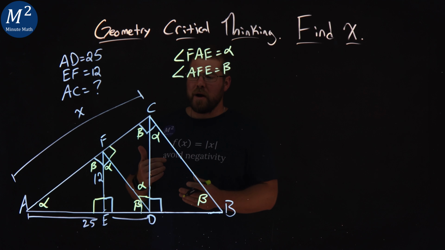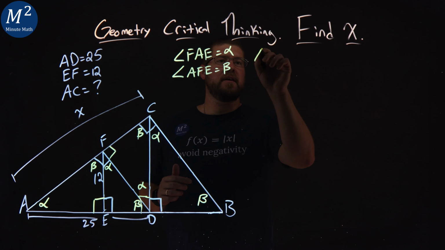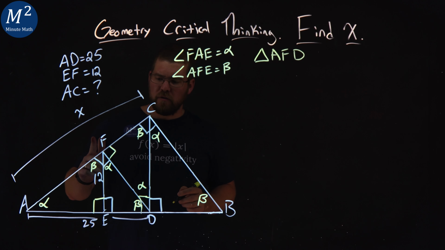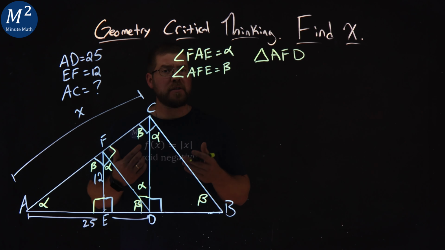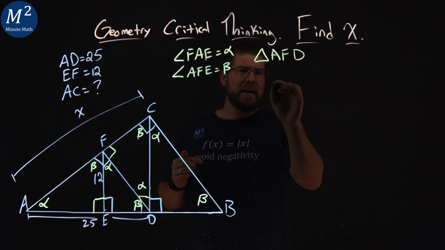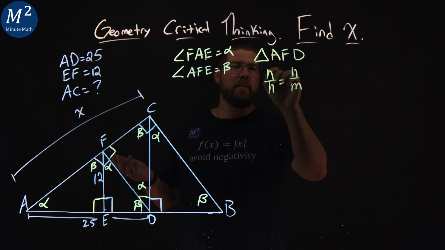All right, so where can we go from here? Let's look at triangle AFD. Notice that we have an altitude here of FE, and that altitude is 12. And there's a geometric mean theorem that we can apply. It states this, that N over H equals H over M, okay?